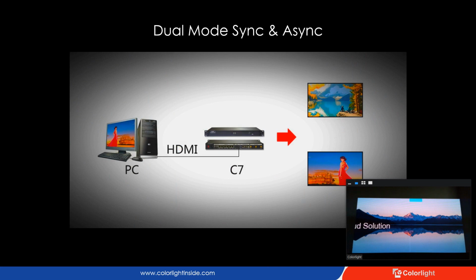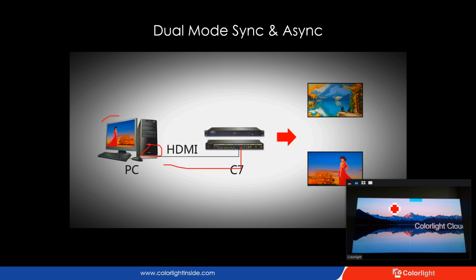Okay, now let's go back to the two questions. First one, what can the HDMI input do? The HDMI input makes the C7 player box become a dual-mode controller. It can accept the signal from the computer. Here you can see the PC gives the signal into the HDMI input on the C7.